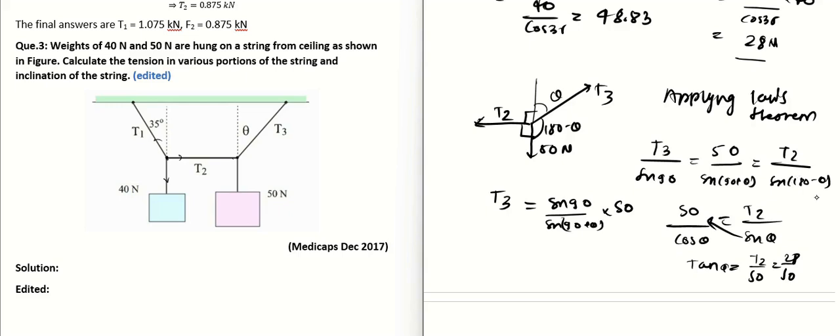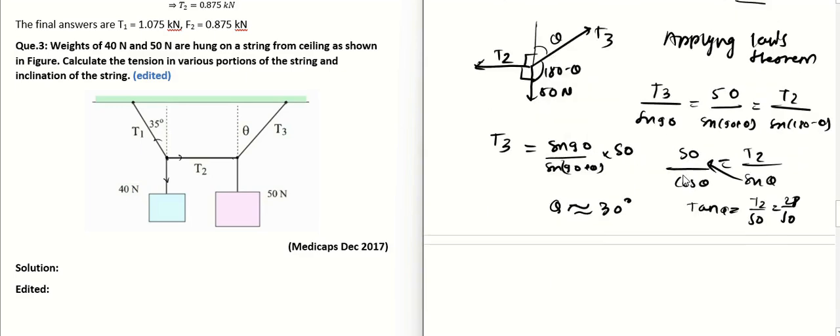It is 0.56, and if you apply tan inverse of that, it will be 29.2. So let us say that theta is approximately 30 degrees. The exact answer will be 29.3 something, but you can approximate it as 30 degrees.